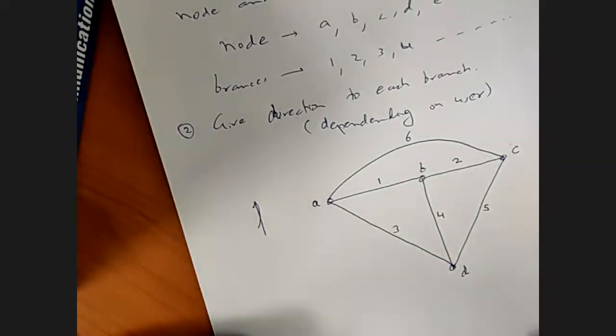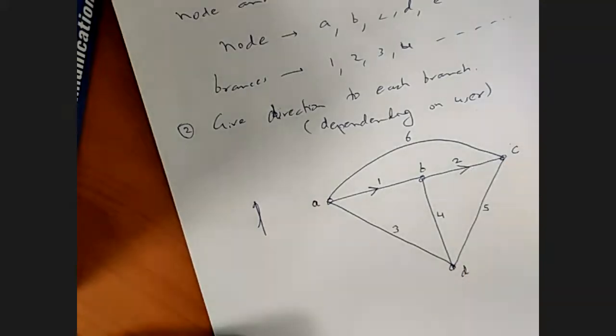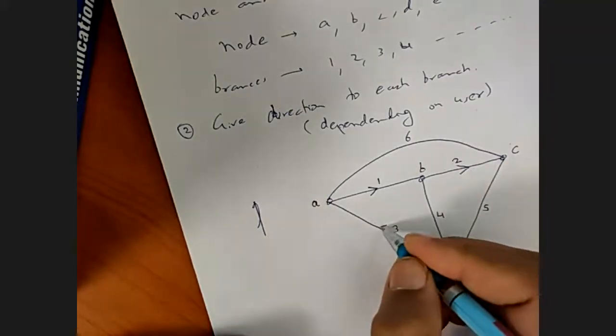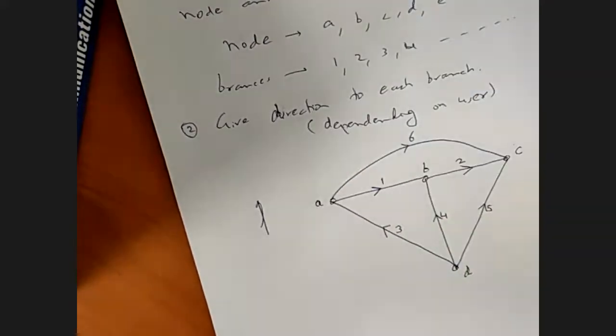Then we have to give the direction to each. It is not specified which direction you have to take. It is your choice. This is the part we have already discussed, how to draw the graph. So we have drawn a graph.